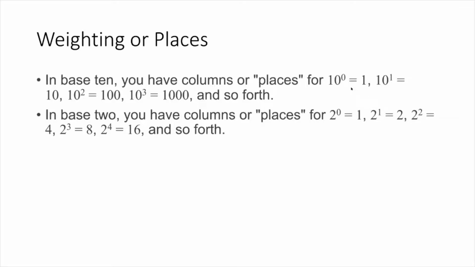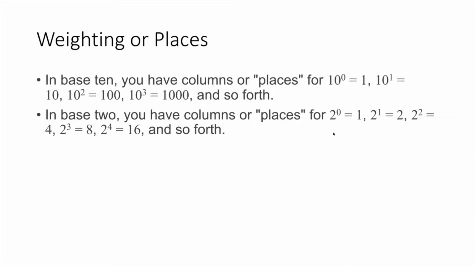You start with the first column, the least significant, which has a weighting of 1. The next one has a place of 10, 100, 1,000, right?